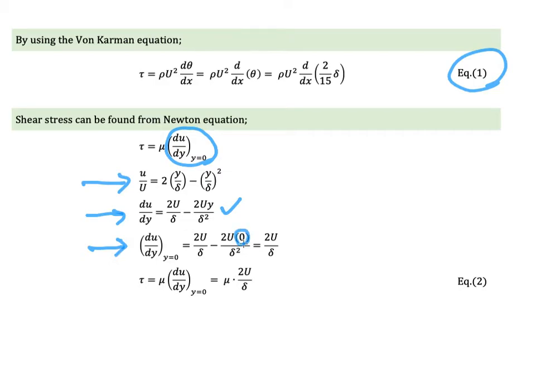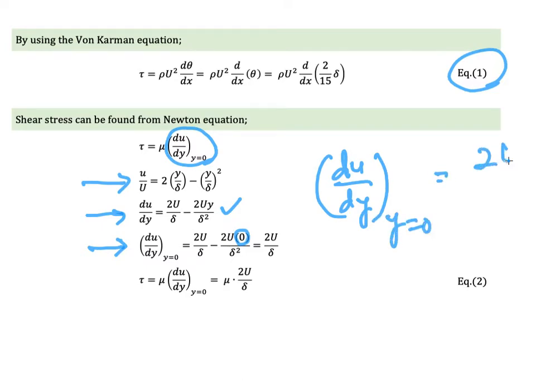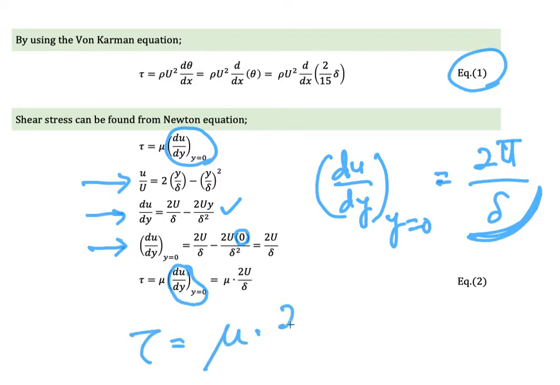We get that du dy at y equal to 0 is equal to 2 capital U over delta. And then we substitute these terms into this one, so the tau now becomes mu 2U over delta.